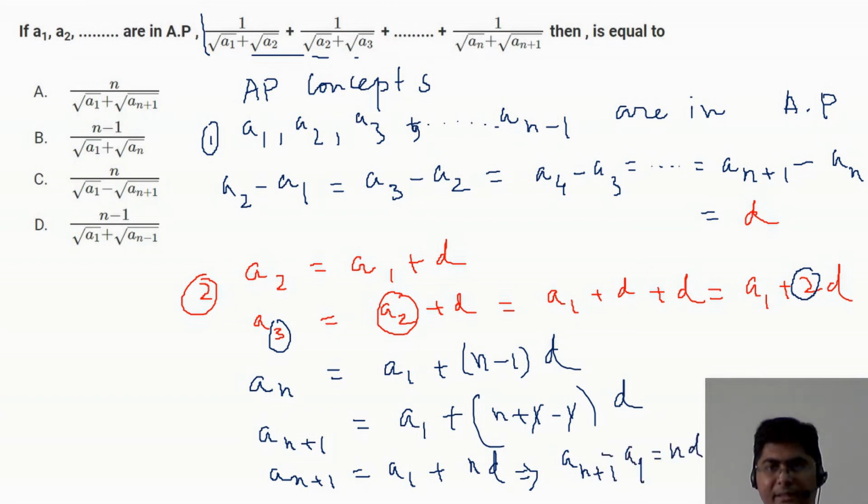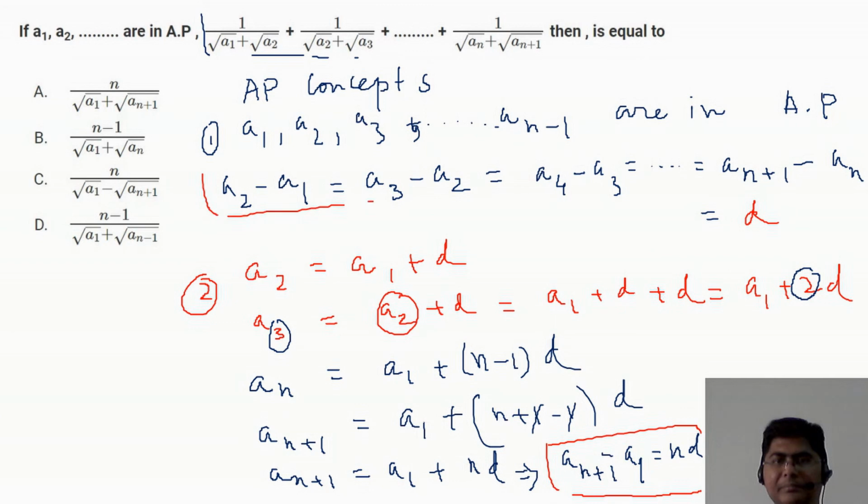So let us note this formula. This much we have derived. Once again, a(n+1) minus a1 is equal to nd. Correct? Fine. Now let us proceed with these relations.